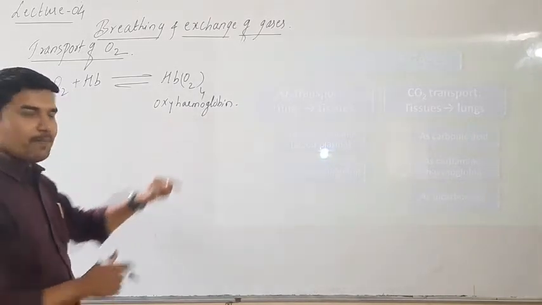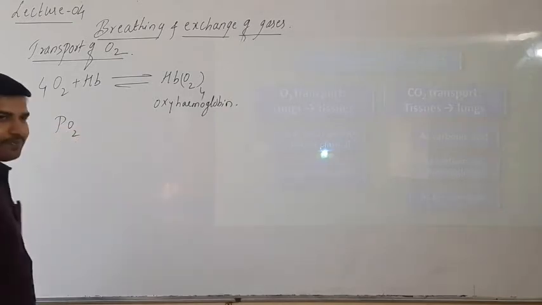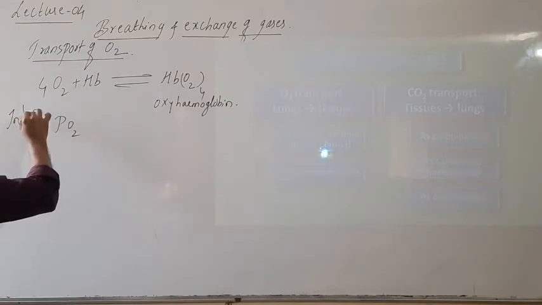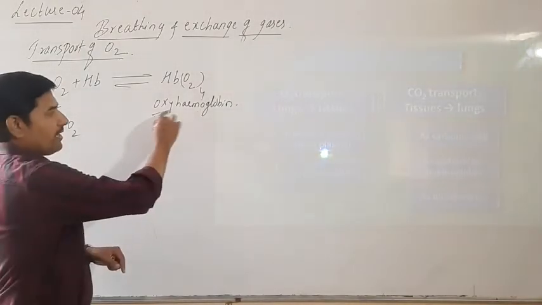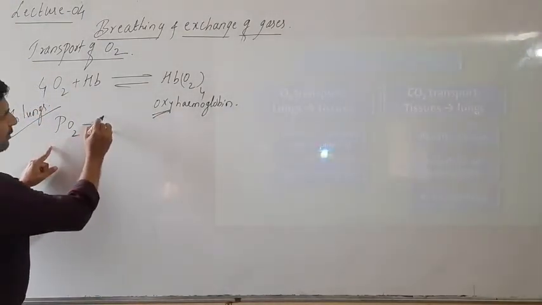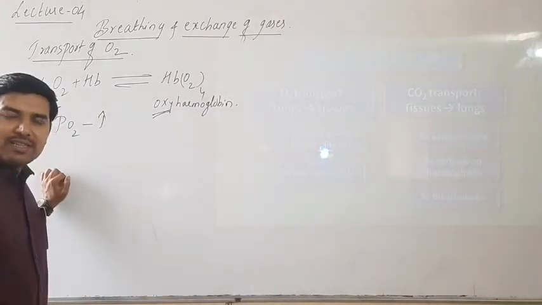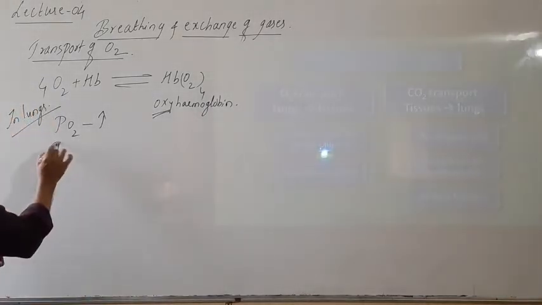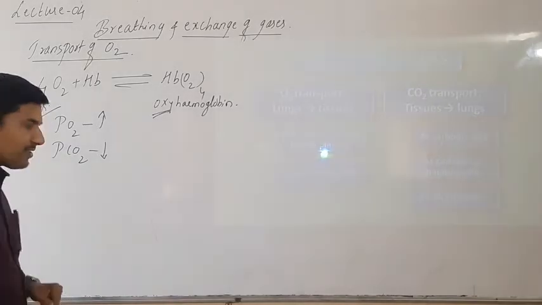The partial pressure of oxygen in the lungs, PO2, should be high. Higher the partial pressure of oxygen, only then does it bind with the hemoglobin. Then PCO2 level should be low.